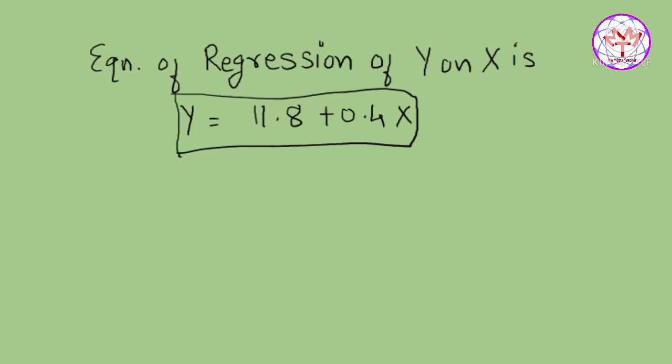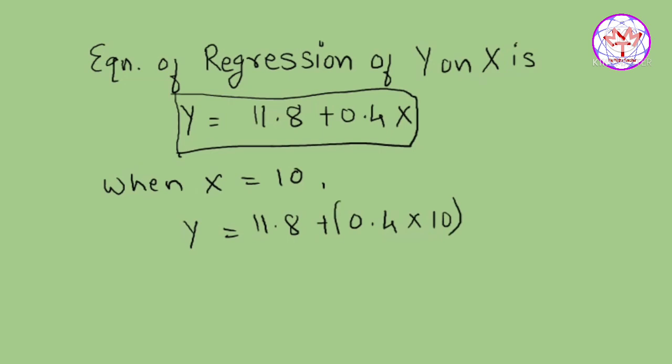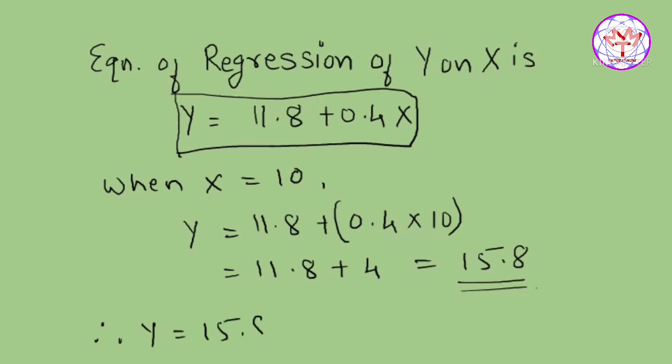Now we will substitute the value of x, that is 10. So when x is equal to 10, y will be equal to 11.8 plus 0.4 into 10. Now 0.4 into 10 will be equal to 4. So we get 15.8. So y is equal to 15.8 when x is equal to 10.